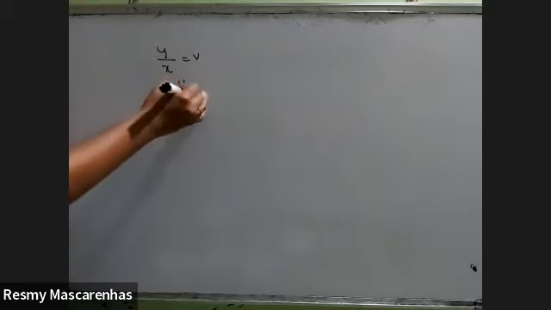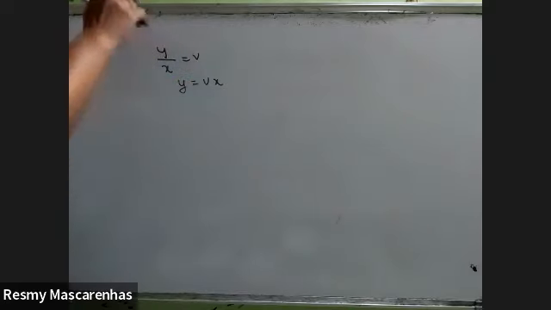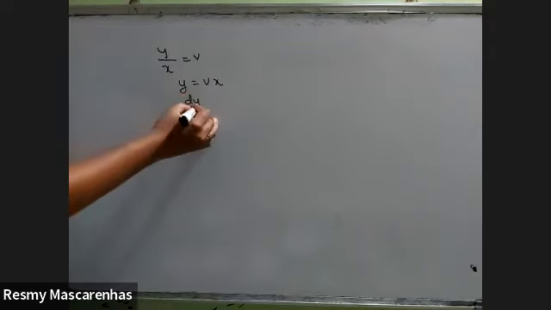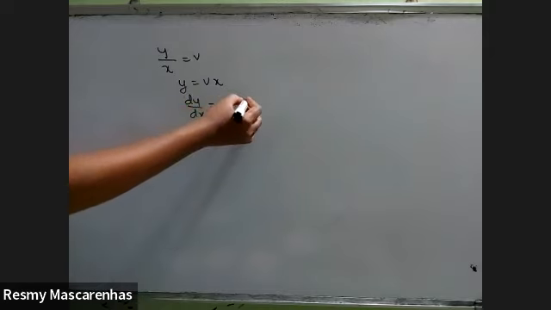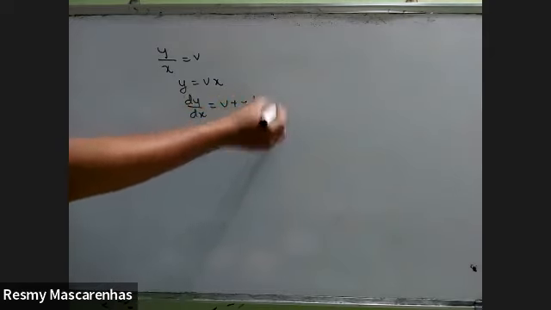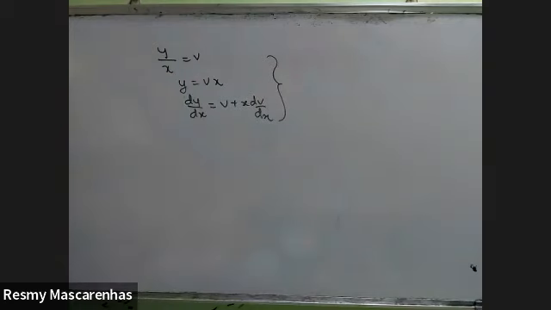So we should use y is equals to vx, and then dy by dx was equals to v plus x dv by dx. This was one case where we have to substitute y by x equals to v.